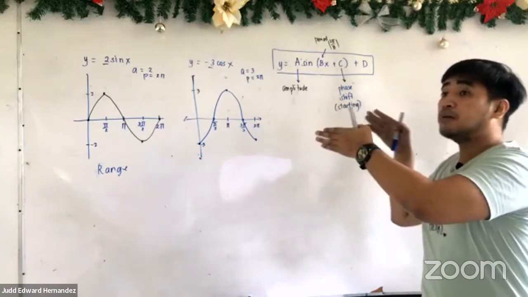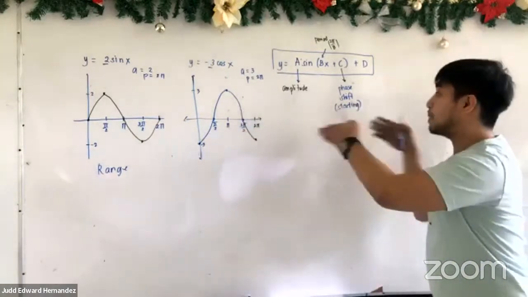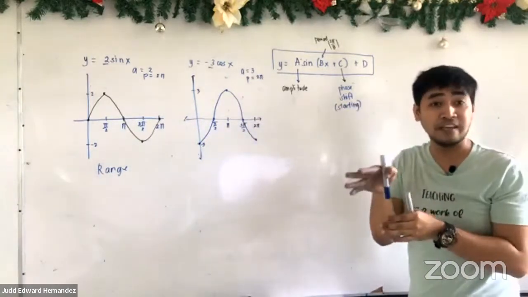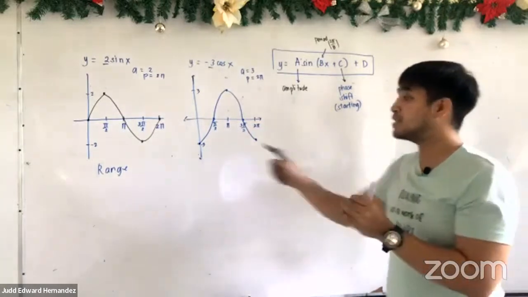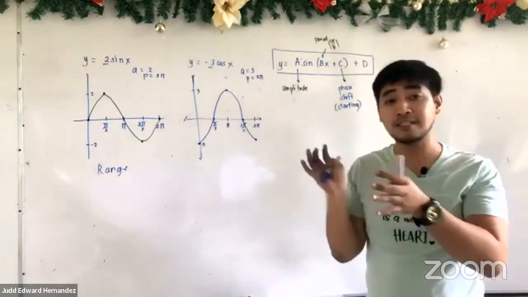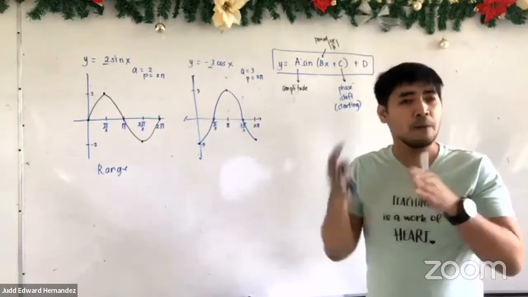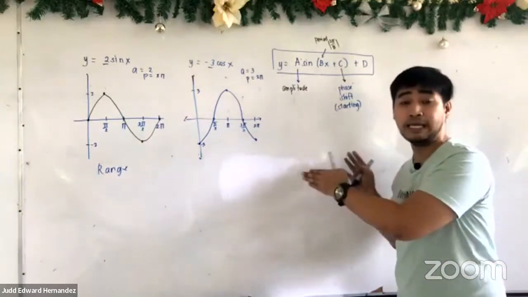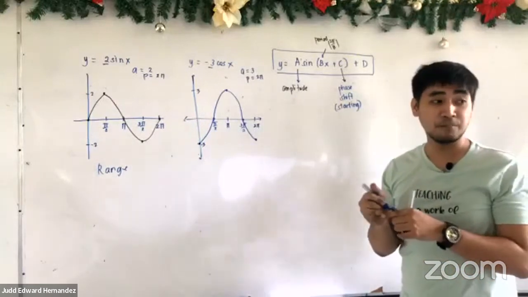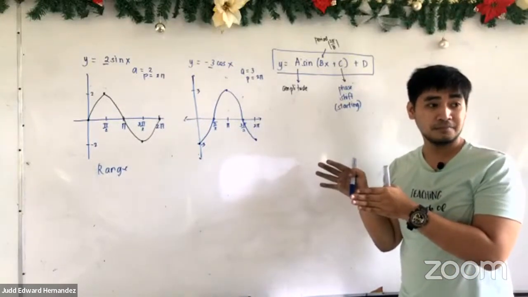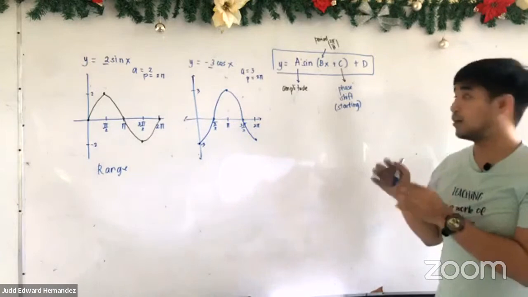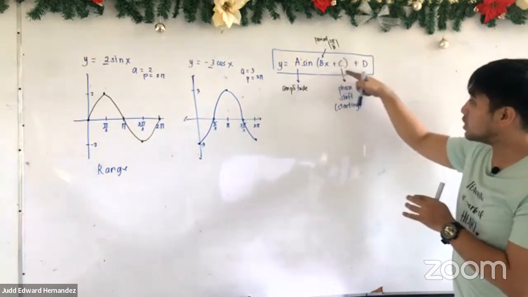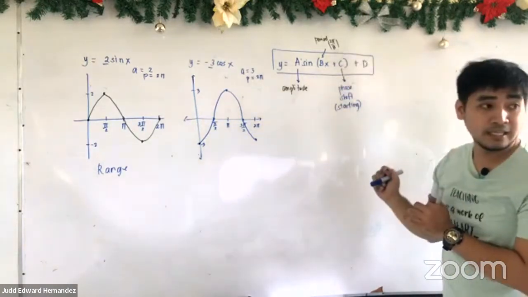Pwede mag-shift siya pa kaliwa, pwede mag-shift siya pa kanan. Pwede siya magsimula sa negative pi over 2, negative pi over 4, positive pi over 2, positive pi. Naintindihan? Nagigets po ba yung phase shift? Opo. Yes po, sir. Depende po siya dito sa value ni C.